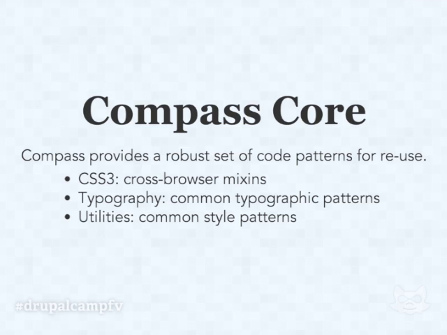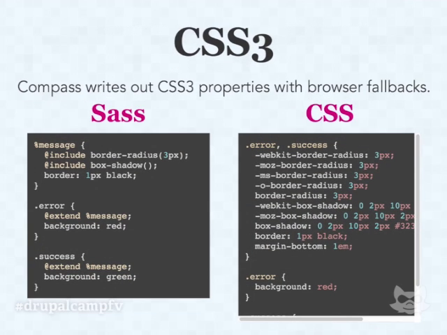And then it has some common style utilities like, hey, I've got an unordered list, but I want it to be a horizontal block list. And it has kind of a pattern built for you. You can just apply inline block list, and it'll set that up for you.